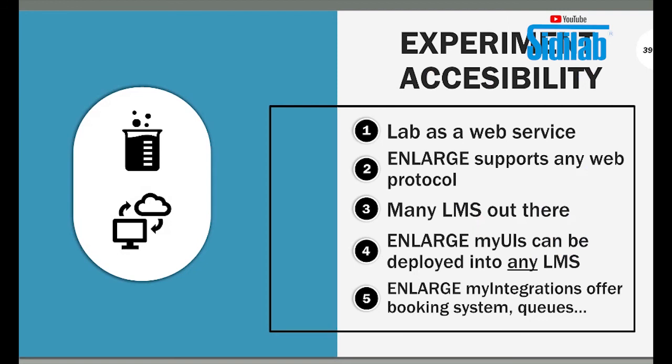And finally, the last part when enabling the remote operation of a system was the experiment accessibility. For this, you need your lab as a web service so that any web application can communicate with it. To this end, Enlarge supports and integrates web protocols. Also, there are many learning management systems out there, and each institution may have a different e-learning platform in which they want to integrate their online labs as a fundamental part of their online courses.